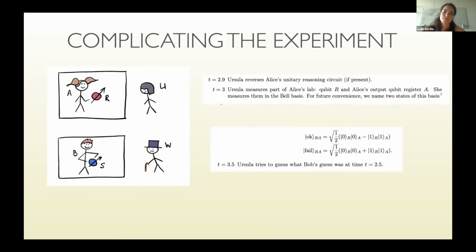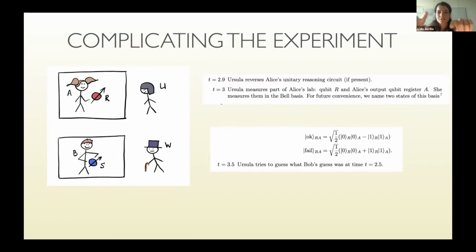And then she'll go and measure part of Alice's lab. We know what this means in practice, because we model Alice's reasoning as a unitary circuit, so Ursula just needs to go and reverse it. She's going to measure Alice's lab in a special basis, which is this basis. There's two states missing, but they never occur.